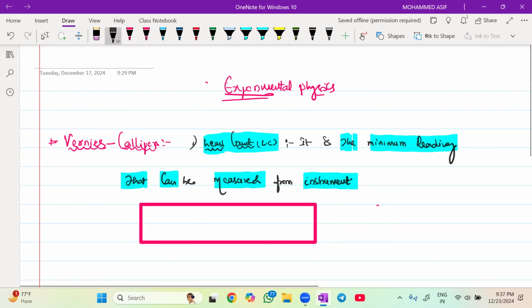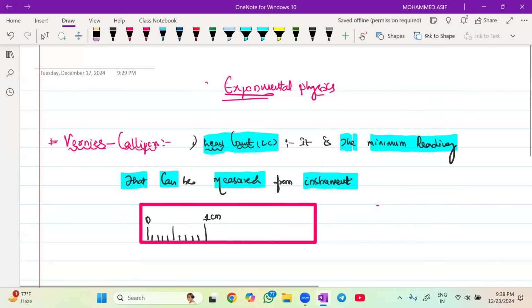See the readings of this one. Starting from here, for understanding, I'm taking it as 0, 1, 2, 3, 4, this is 5. Then 1, 2, 3, 4, and this is 5. So up to here will be 1 centimeter, 0 to 1 centimeter. And below there is one more reading, beta.